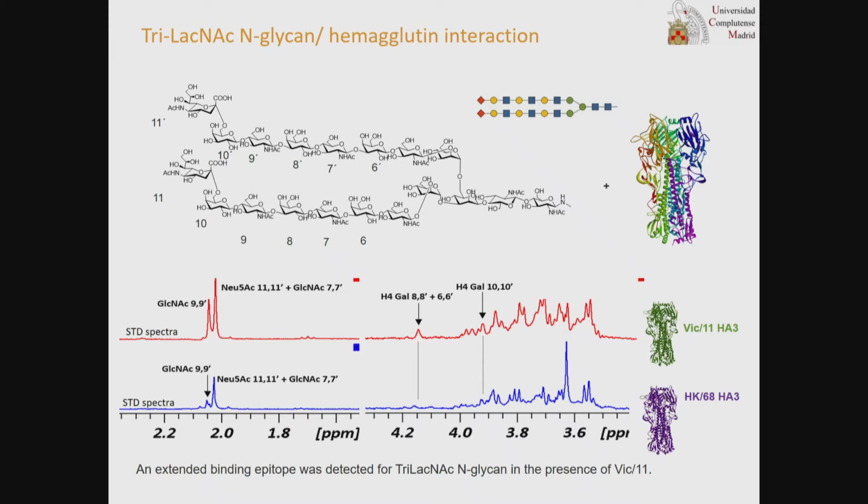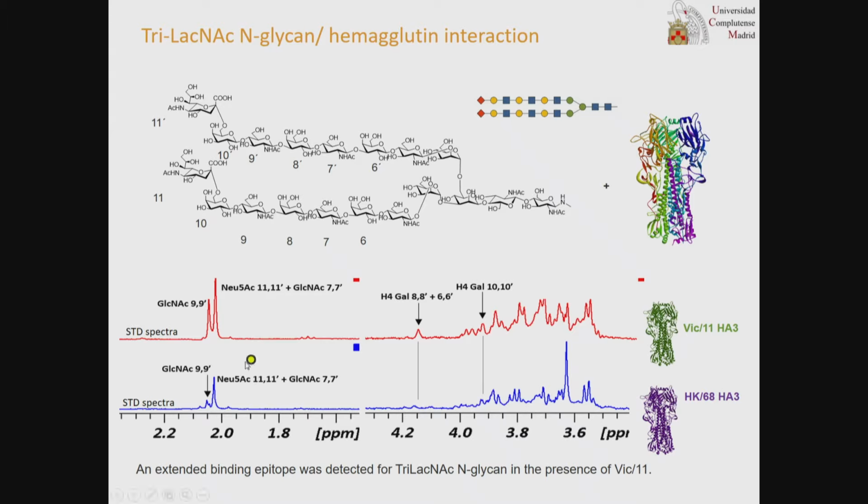It is quite huge. And in this case, as we don't have the lanthanide, we cannot distinguish the arms. But anyway, we have run the STDs because we can obtain information. And it's very nice to see that we obtain a similar behavior to the LacNAc structure. This is the STD with Victoria 11. This is the STD with Hong Kong 68.